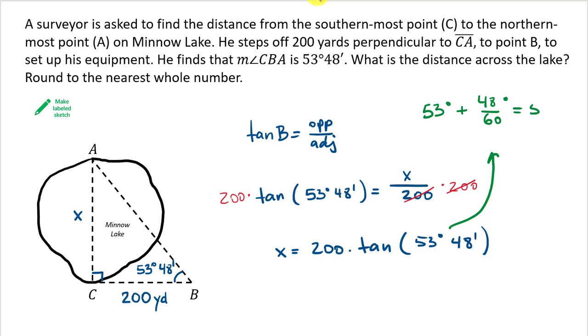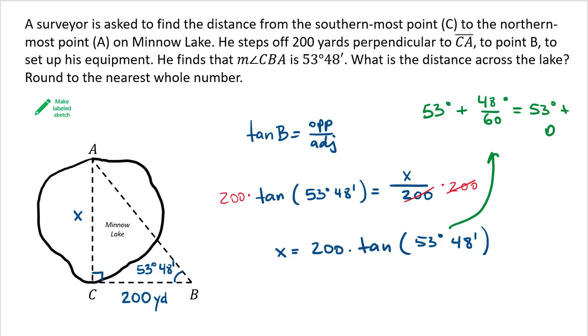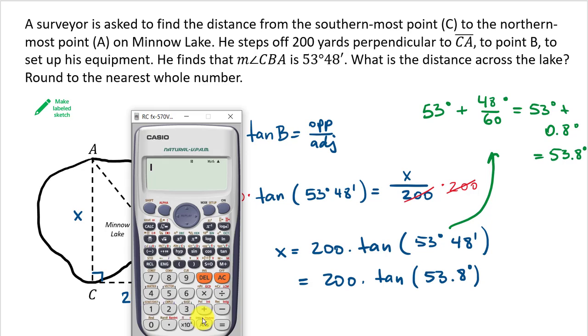So that's 53 degrees plus 48 divided by 60, which is 0.8 degrees, so that's 53.8 degrees. So what I'll enter in my calculator is 200 times tangent of 53.8 degrees.